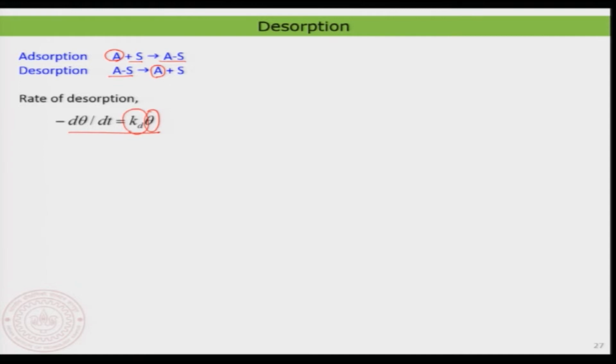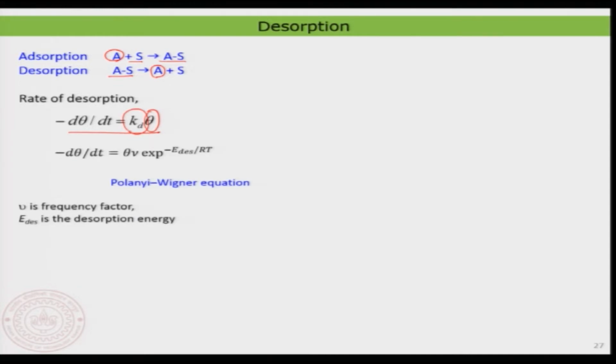Now we know that the rate constant of the desorption is truly dependent on the desorption energy itself, right? If you recollect, this was our potential energy diagram for the desorption itself, where the barrier that the atoms need to cross is this double headed arrow.